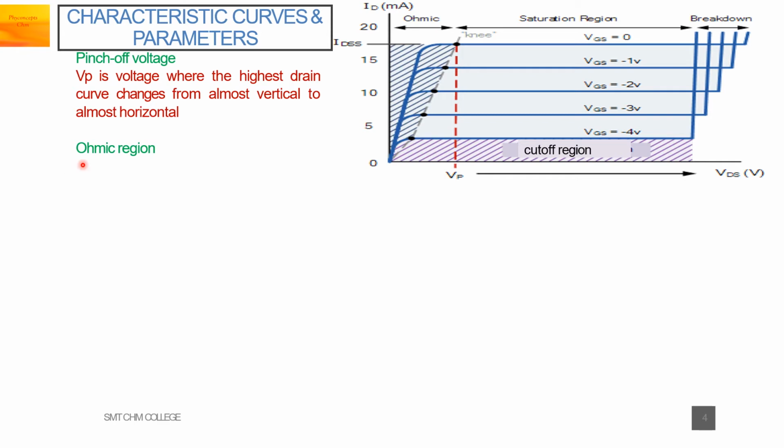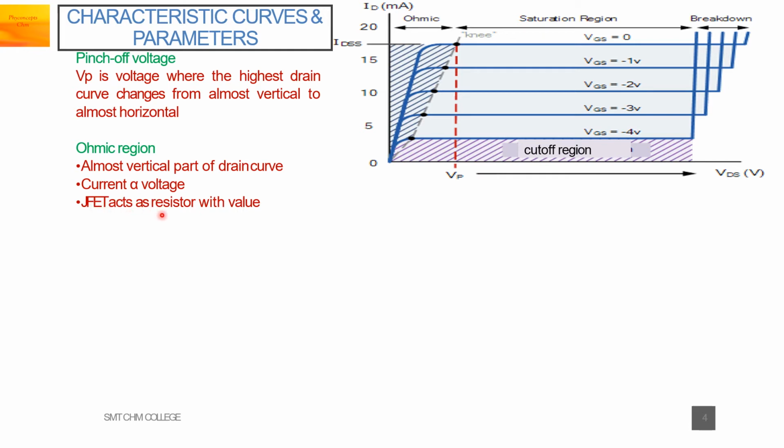Ohmic region. So that is indicated here. This is the ohmic region, almost the vertical part of the drain curve, this part. Here the current is proportional to voltage.